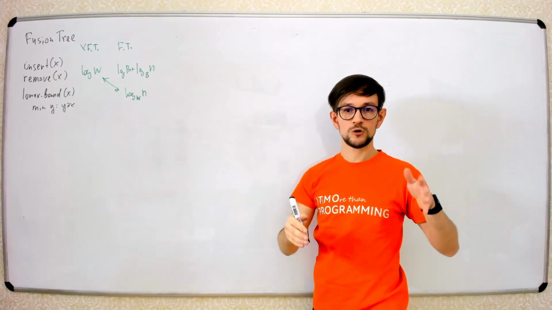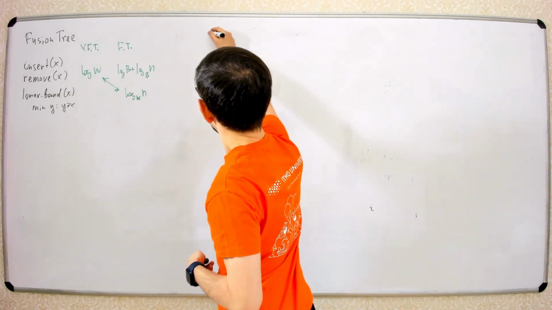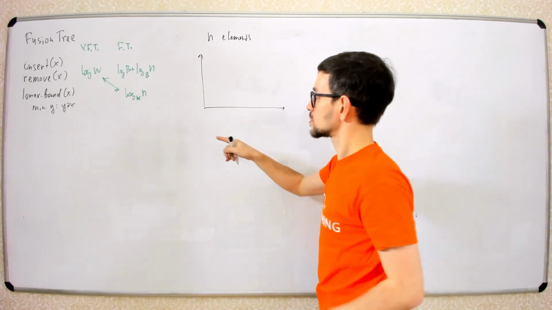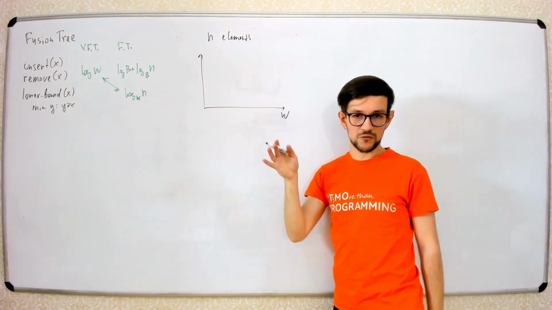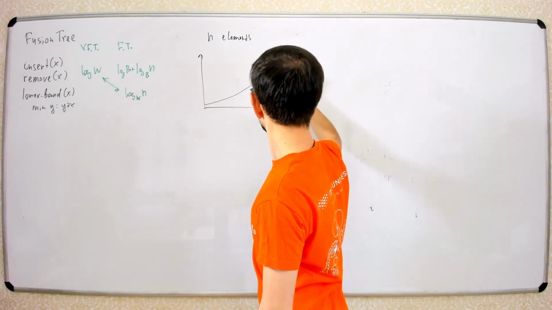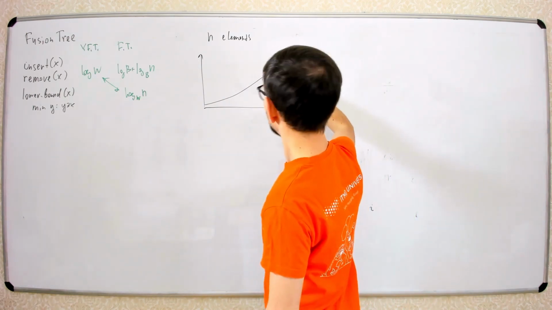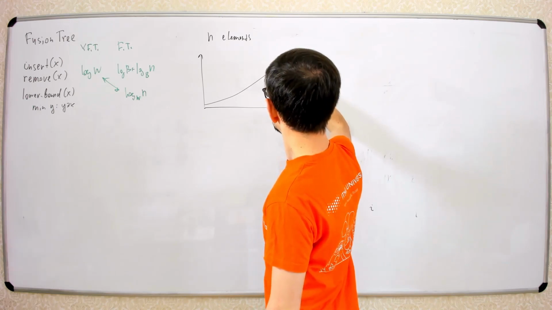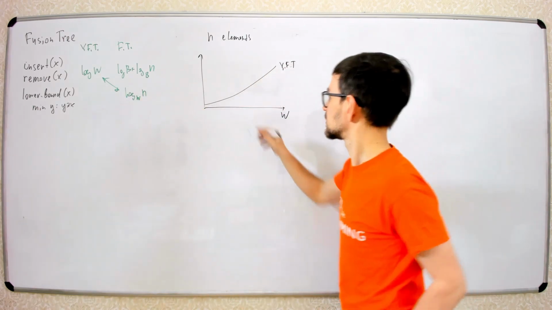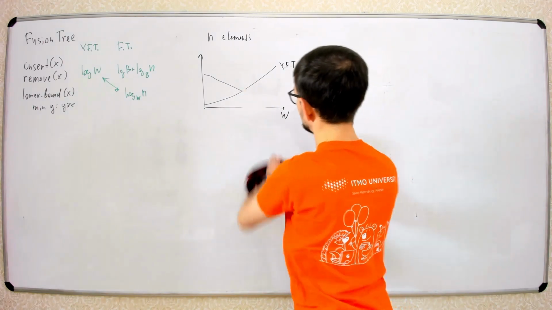Imagine you have n elements. The y-fast trie's time will be increasing with W, and the time complexity of the fusion tree will be decreasing, not exactly like this, and definitely not below 0.